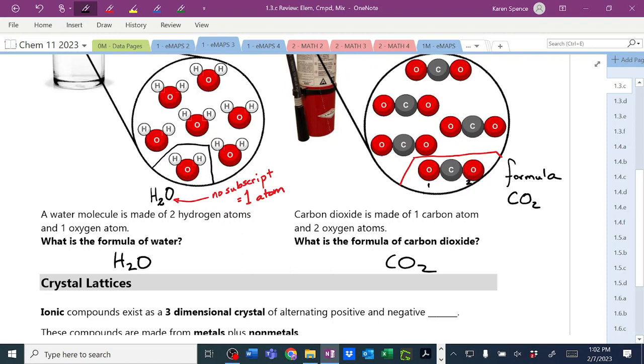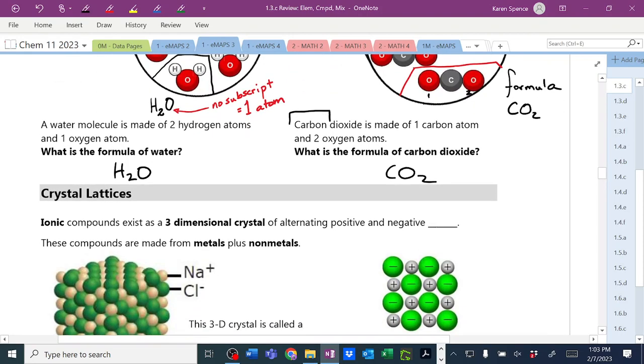You can also tell from the name, carbon is named first and the dioxide comes second. Okay, so you'll either usually be given a formula or you'll be given a name and that will let you know what order to go in. There's actually a better reason than that, but we're not going to probably have time to learn about it this year, so I'll just leave that be. Okay, if you're interested, ask me later.